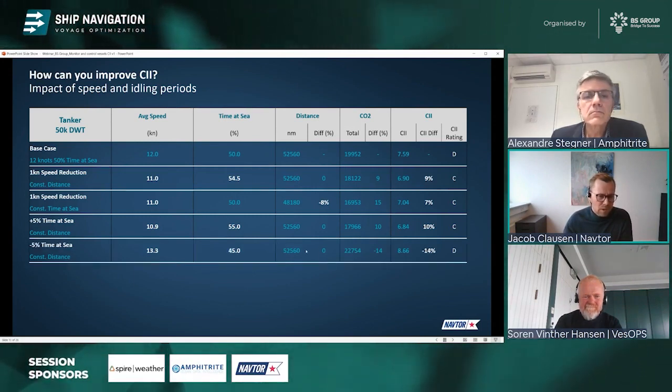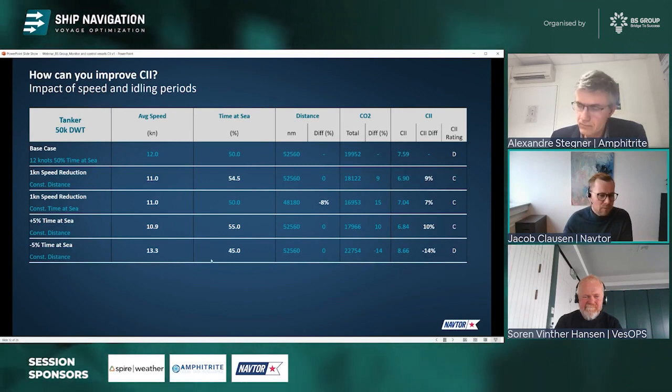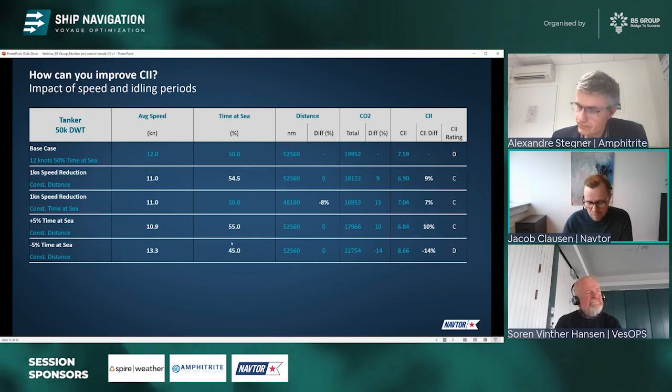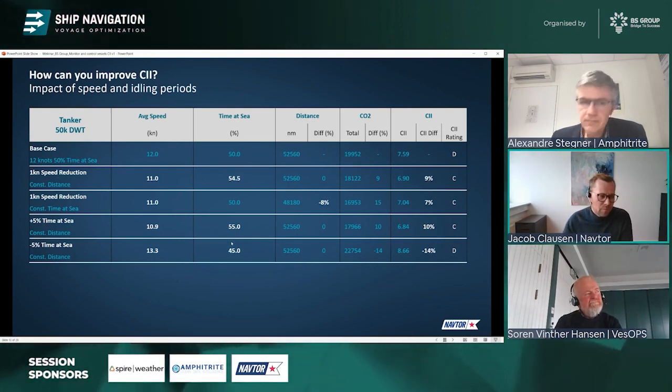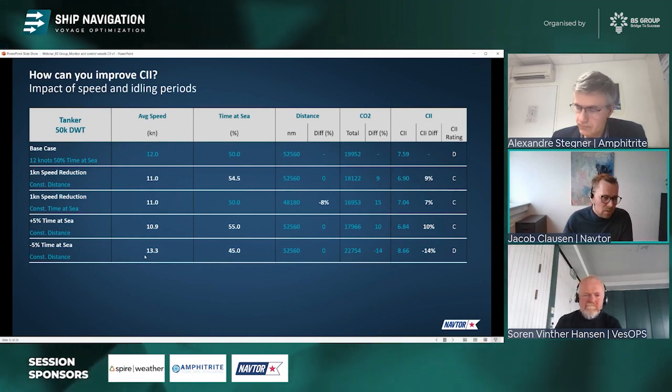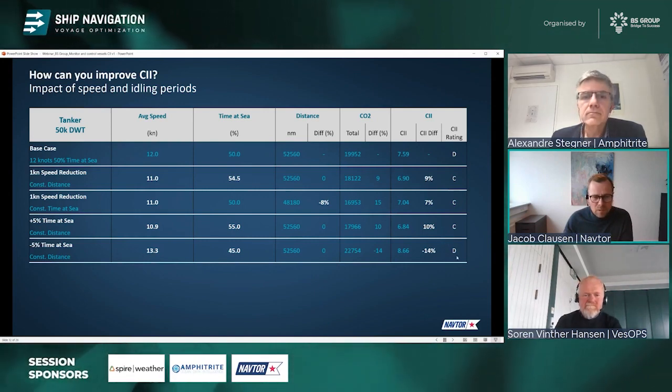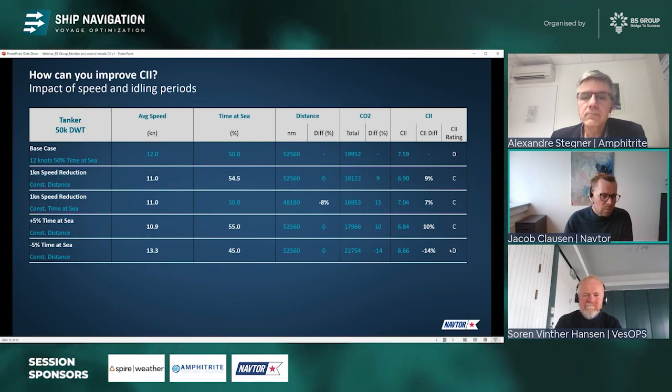Opposite, we can of course see a quite negative effect of doing the opposite. So if hurry up and stop is the approach, then with a constant distance we would need to keep a much higher speed in the same time interval that it's on the way. And of course, that hits it, it's even worse than what we started out with.